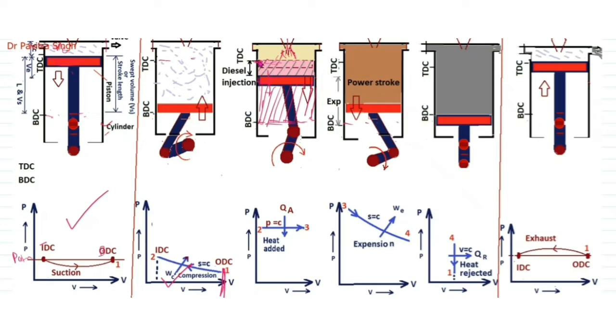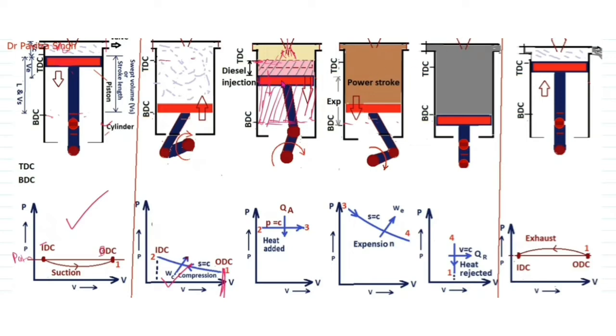So the compressed air was mixed with the diesel, and the temperature was very high. That's why ignition of the fuel started. So due to ignition of the fuel, expansion will start.